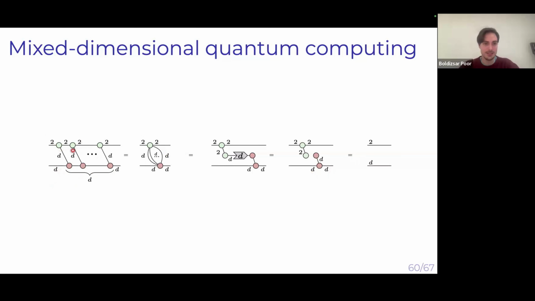You can implement very, very complicated gates with very few operations in this mixed dimensional setting. And given that the ZX calculus has been quite useful in reasoning about several protocols in qubit quantum computing, we believe that this mixed dimensional ZX calculus can be used for reasoning about mixed dimensional quantum circuits and protocols in these.